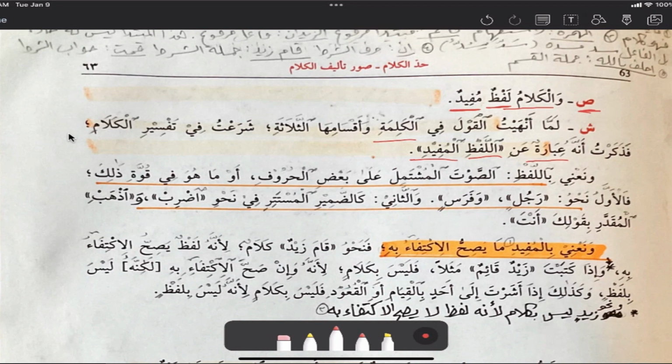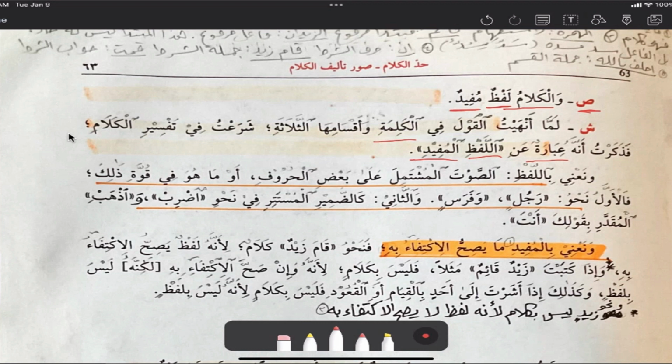What's implied is that you are saying you. And what he means is that implication is so strong that it's counted, even though you didn't say it.